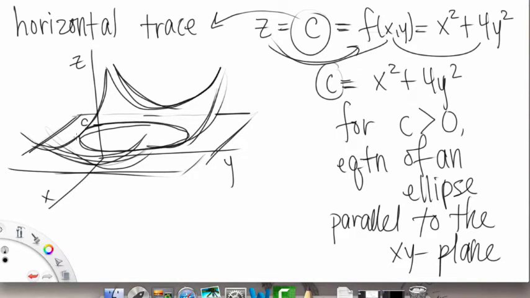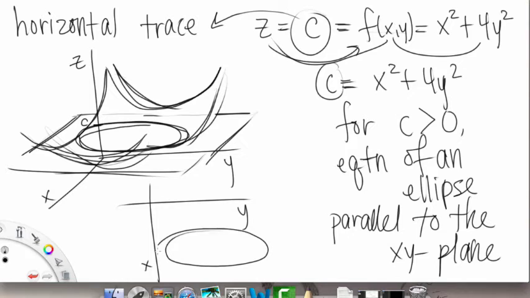If we were to view this on the xy plane, it would look like an ellipse like that. So that's a sketch of it.